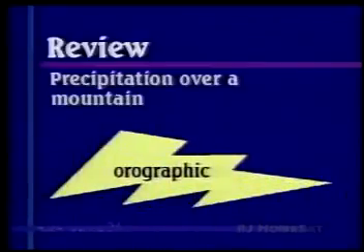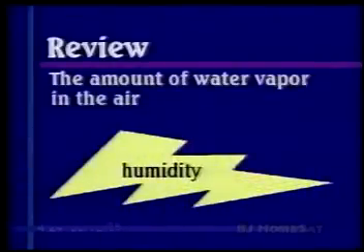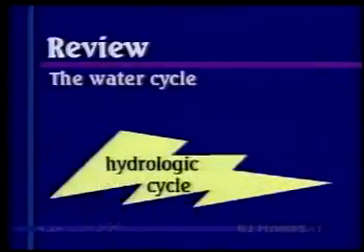Precipitation over a mountain. Remember that one? Orographic precipitation. The amount of water vapor in the air is referred to as humidity. The water cycle is also known as the hydrologic cycle.